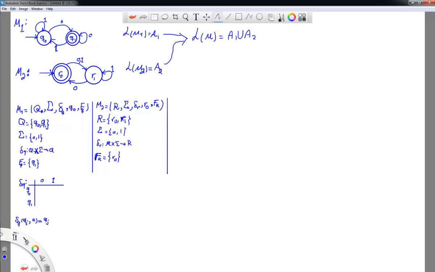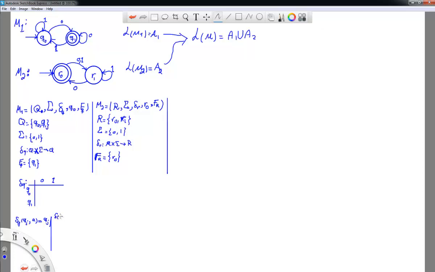If I'm in Q sub i, for some i is 0 or 1, and I see an element a, 0 or 1, then I go to Q sub j, according to this machine diagram up here. So the way that this works is something like this.